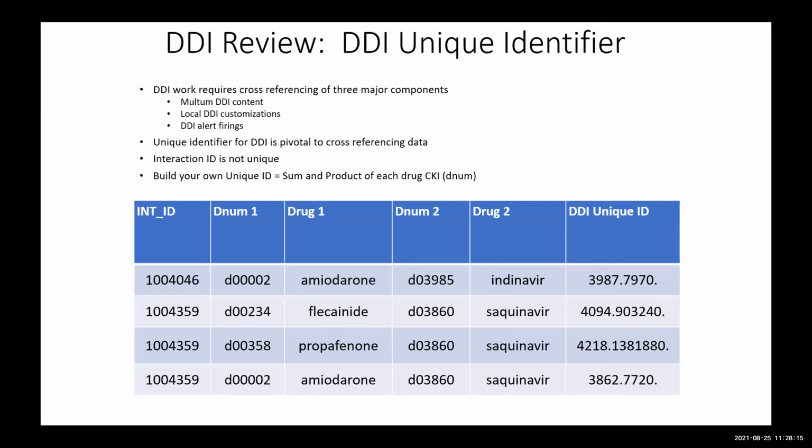And the way I came up with something locally that worked is the sum of the unique identifiers of each drug, and that forms the first part of this unique ID. And then the product forms the second part, and then I put dots after that, just so it holds and doesn't drop zeros if it treats it as a number, because I did end up using a decimal dot. And so that ends up working. I incorporate that into our queries, and it helps us cross-reference everything and accurately report upon data.